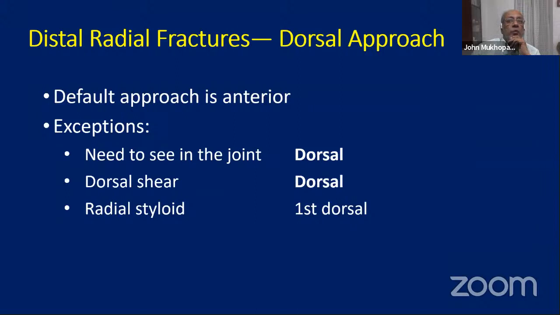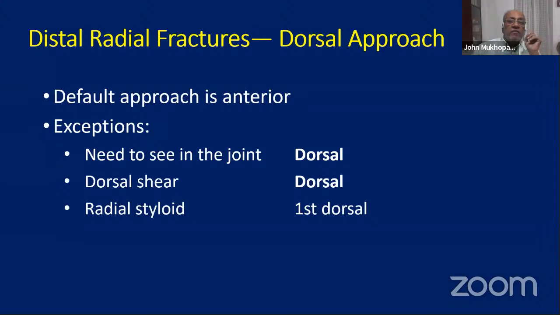The default approach is anterior, but there are certain indications for a dorsal approach. One is if you need to see the joint. On the volar side there are thick ligaments and capsule, which you don't want to divide. So if you need to see the joint, the dorsal side gives you a much better approach.